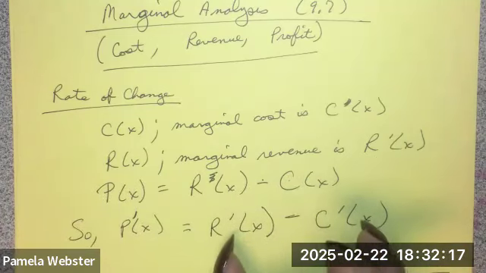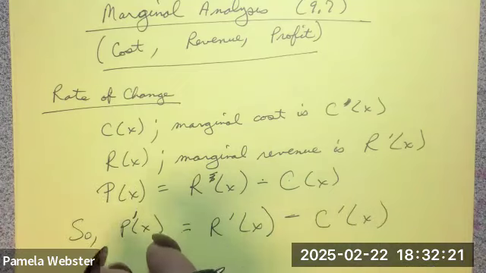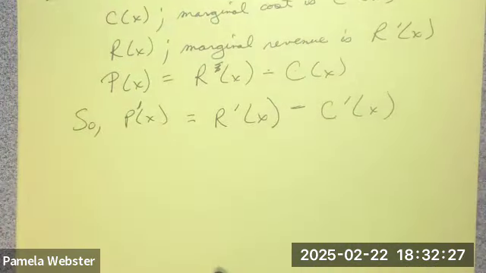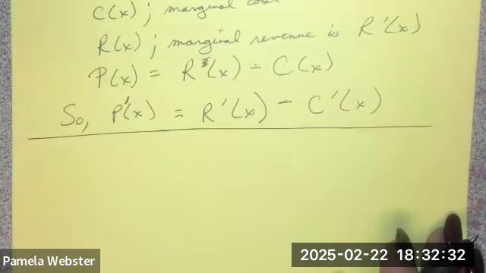And that is how, taking the derivative of the revenue minus the derivative of the cost, I can get the derivative of the profit. So I don't have to do the whole thing all at once. I can take it in pieces using that sum or difference property that we looked at before.